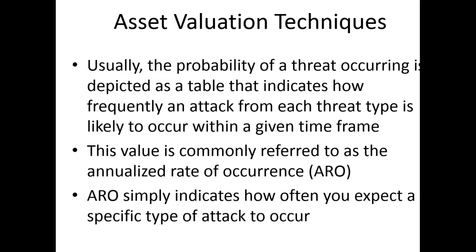Usually the probability of a threat occurring is depicted as a table that indicates how frequently an attack from each threat type is likely to occur within a given amount of time. This value is referred to as the annualized rate of occurrence, or ARO, which indicates how often you expect a specific type of attack to occur.